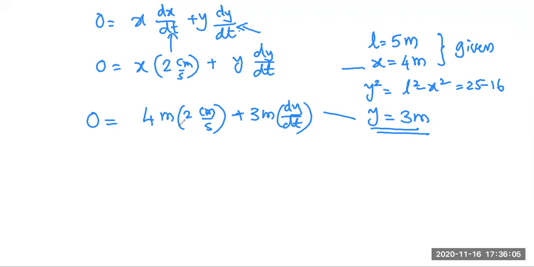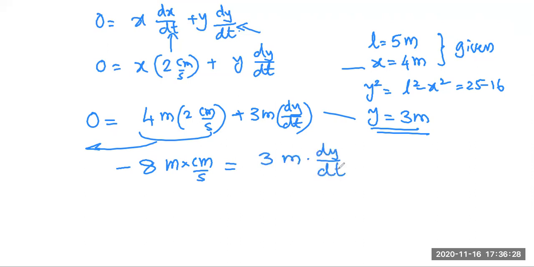Now, whether we convert any units or not, don't convert anything. Take this to the other side. Then you get minus 8 meters into centimeters per second equal to 3 meters into dy by dt.